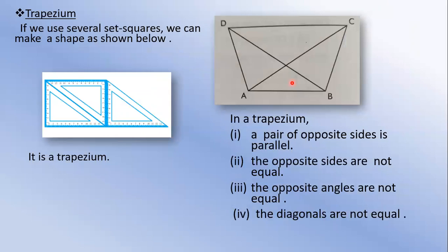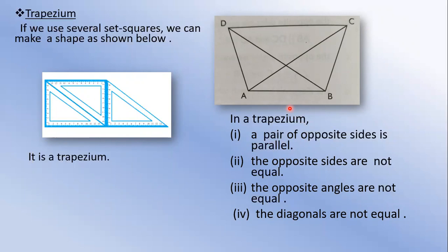Now, trapezium. If we use several set squares and place them in this way, we will get a trapezium. This is the figure of a trapezium. In a trapezium, a pair of opposite sides is parallel. See, in all the other previous quadrilaterals you have learned, like rectangle, square, rhombus and parallelogram, both pairs of opposite sides were parallel.